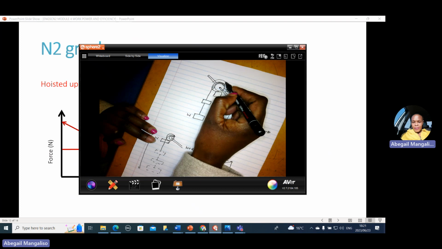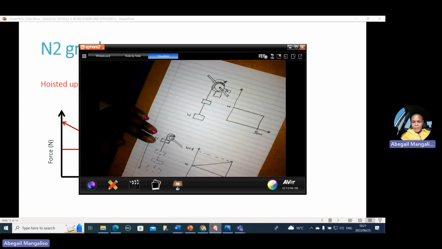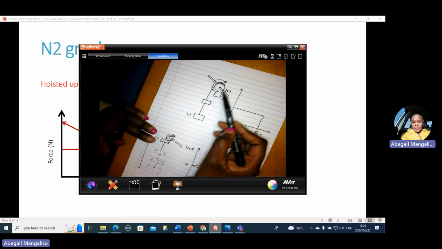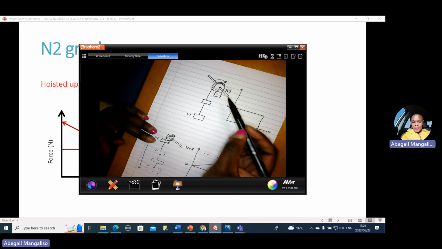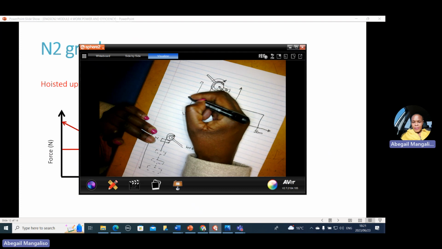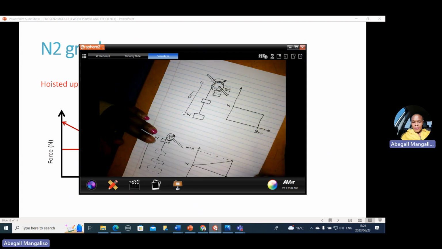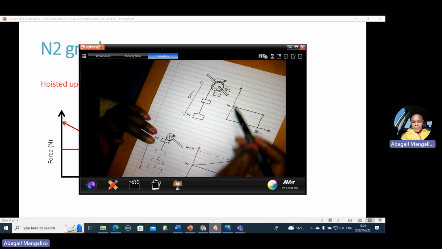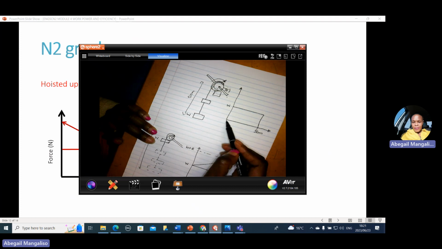Now let's assume that it's rotating in this direction. As it is rotating, let's say initially this length is 50 meters. So when we represent it graphically, this is the graph, and we can put 0, 10, 20, 30, 40, up to 50.